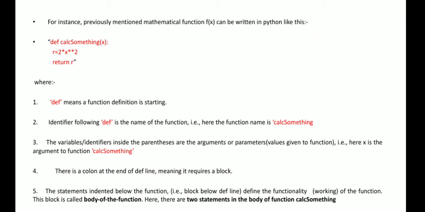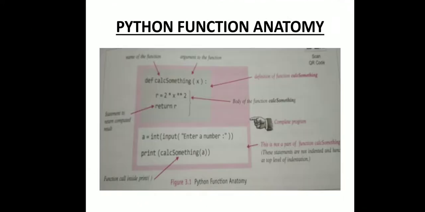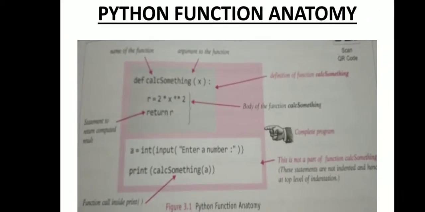Now, in the next slide, you can see, right now we learned what a function is and how to make it. Now this is the function anatomy. Anatomy means the basic structure of the function, which part is called what. First of all, here is the diagram in which you can see the program written: def cal something x, then 2x square, then return r.